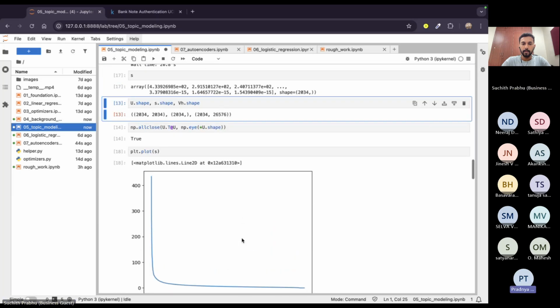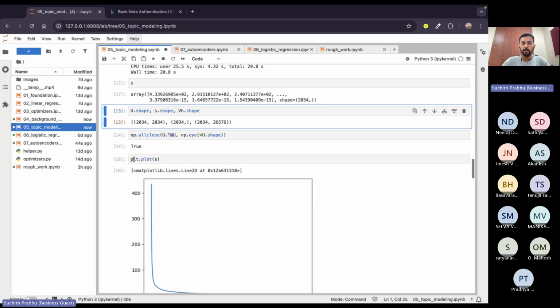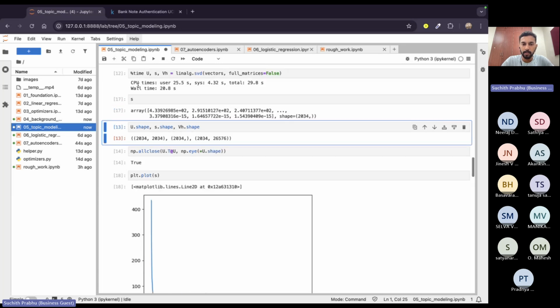What is on the x and y axis? On the x-axis are the different singular values: the first singular value, second singular value. So it's the position, and the y-axis is the actual singular value that we get after the decomposition. I'm just plotting this S matrix.